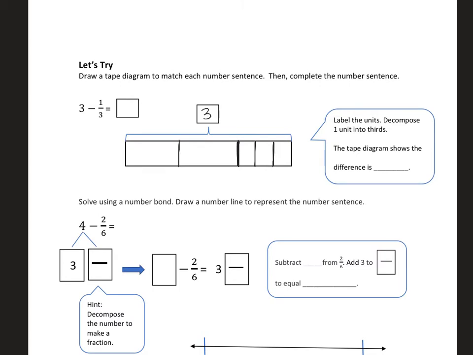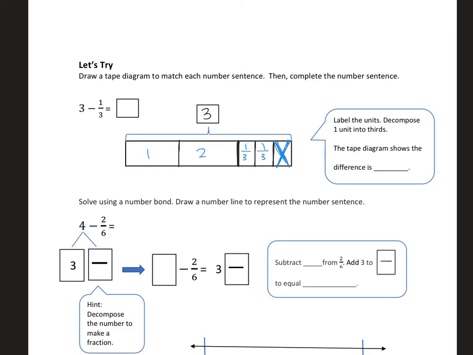Okay? So now I'm going to start with my 3 wholes, and I'm going to cross off 1/3 because that's what I'm subtracting here. So I'm going to take my pen, and I'm going to cross out this 1/3. Okay? It's not there anymore. So now I have 1 whole, I have 2 wholes, and I have 1/3 and another third.